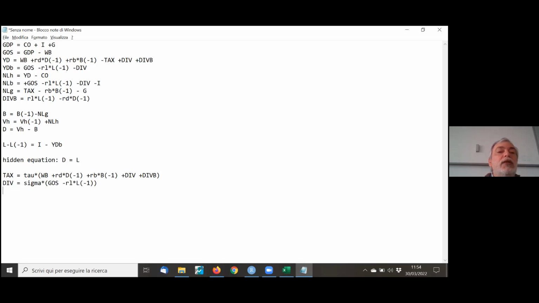And what else can we easily endogenize? Yes, we have to endogenize the income distribution because now WB is exogenous. A simple way that we can work on later is that this is a fixed share of GDP, and then we may want to discuss later what determines this.